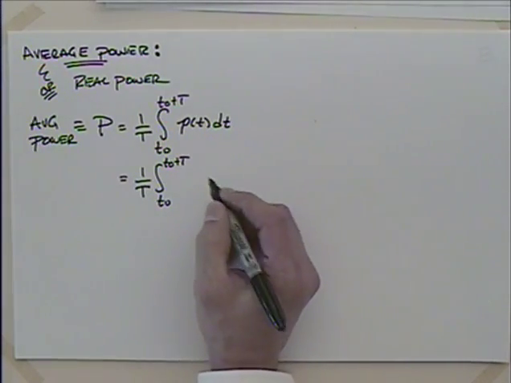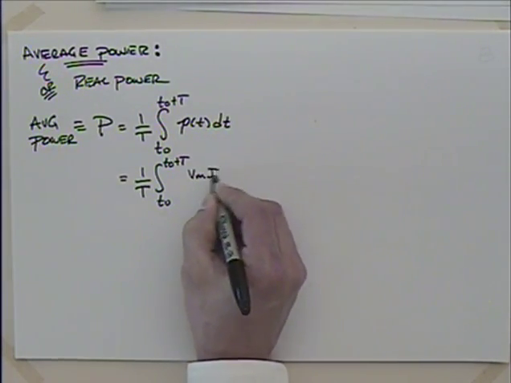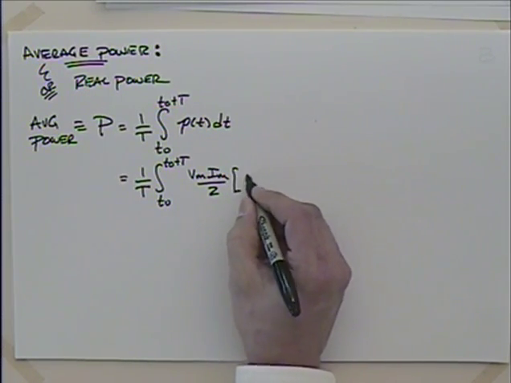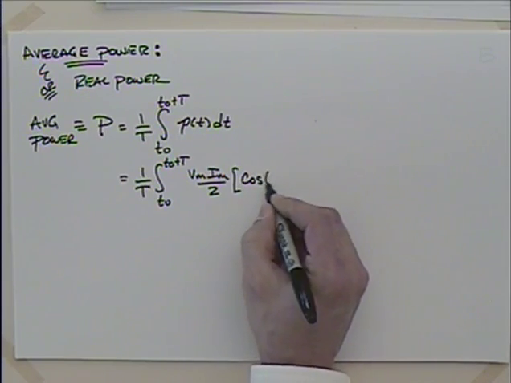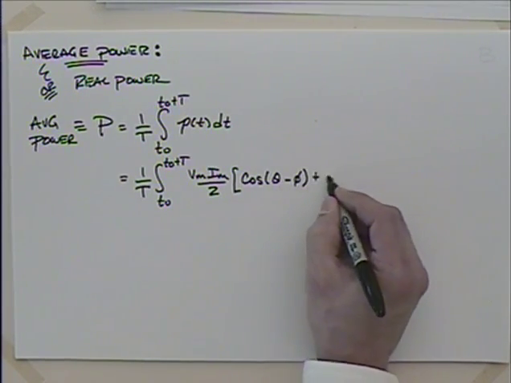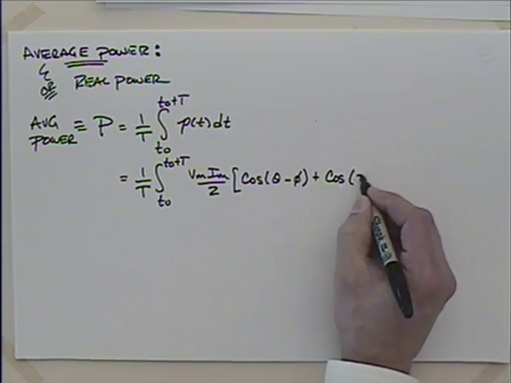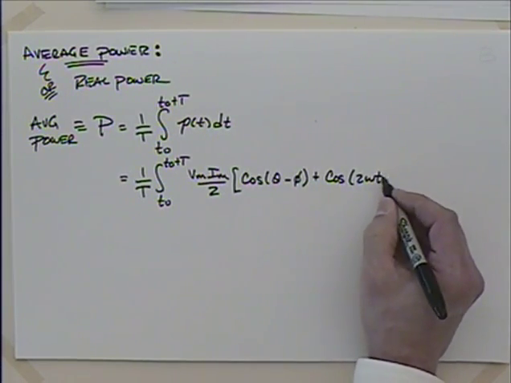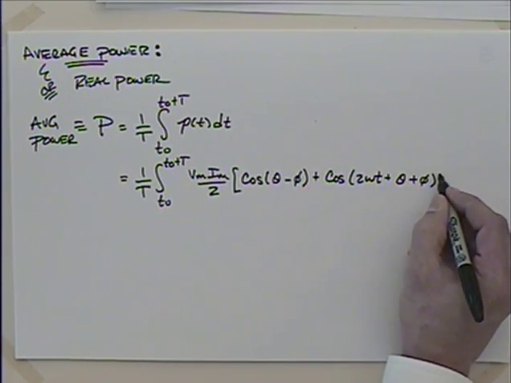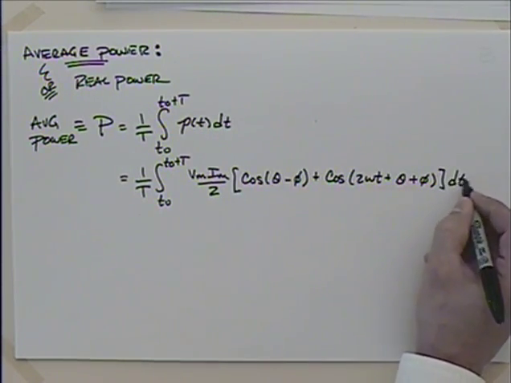So I'm going to have Vm Im divided by 2 times the quantity, the cosine of theta minus phi plus the cosine of 2 omega t plus theta plus phi. And don't forget the dt.